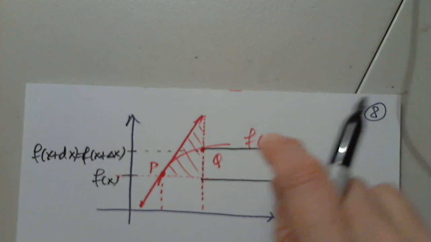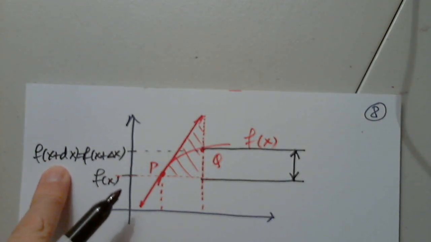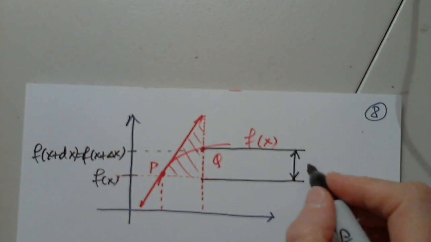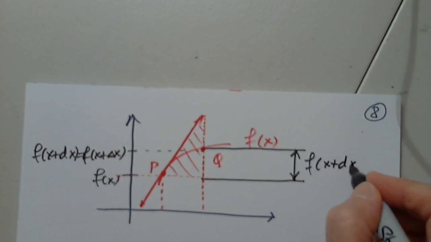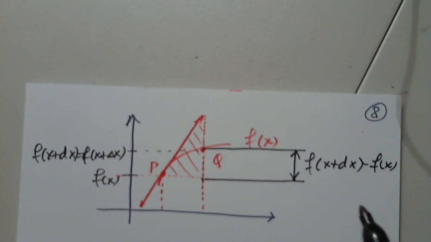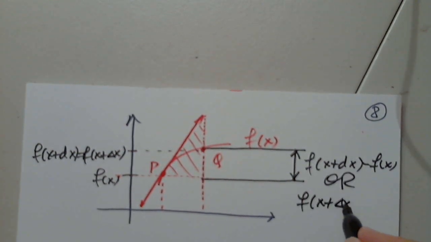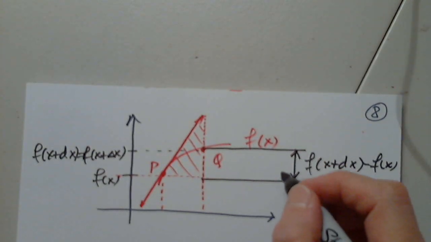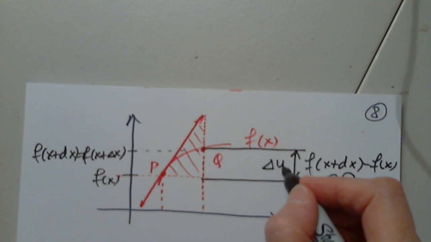Would that be f of x plus dx minus f of x? Brilliant. So f of x plus dx minus f of x, or f of x plus delta x minus f of x. This is what we call delta y.